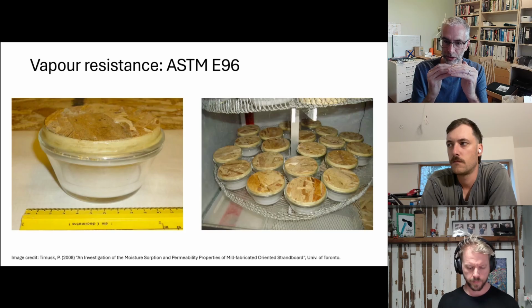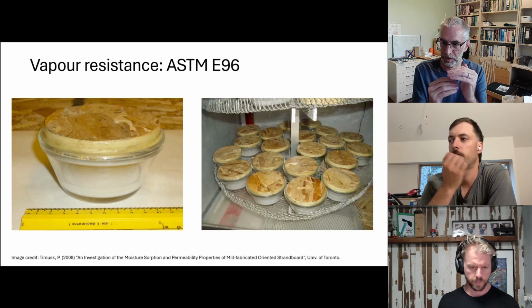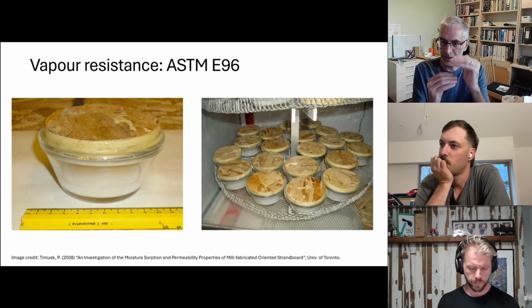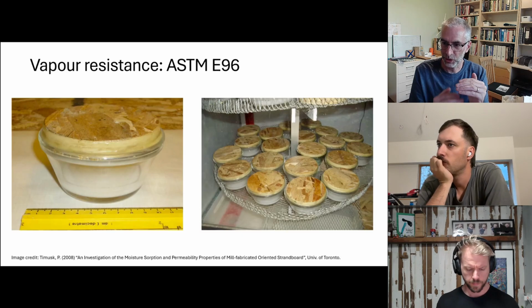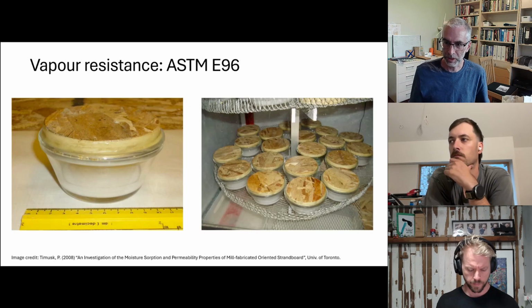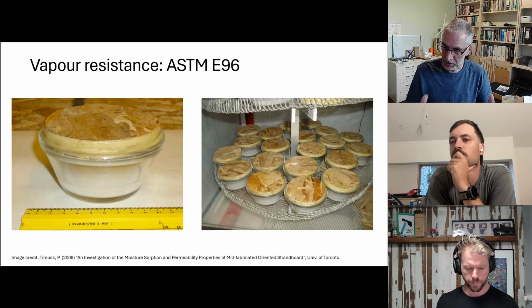If, on the other hand, you have a desiccant, so 0% relative humidity in that cup, then the average relative humidity across your material is roughly 25%. And if you want to know what the vapor permeance of your material is at other relative humidities, then you can use these salt solutions, which create different relative humidities in the cup and therefore different relative humidities at the sample. And so you can get yourself a curve.